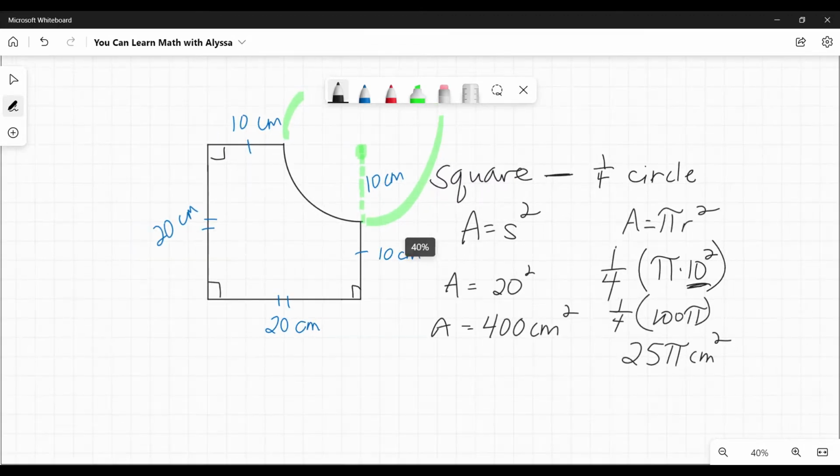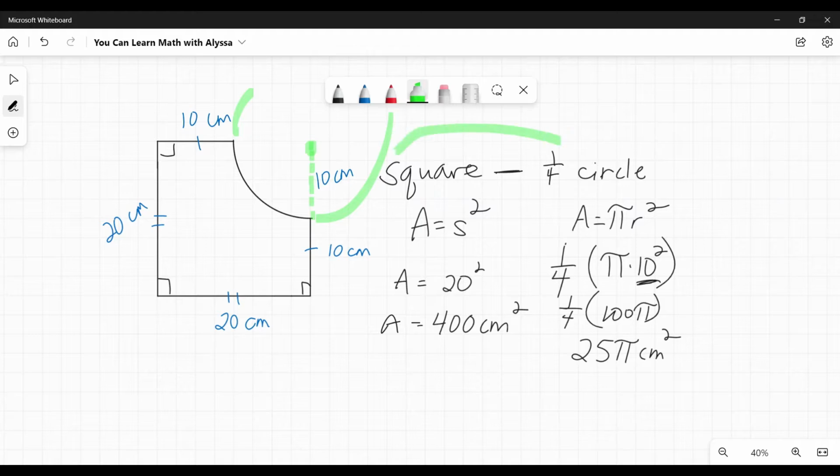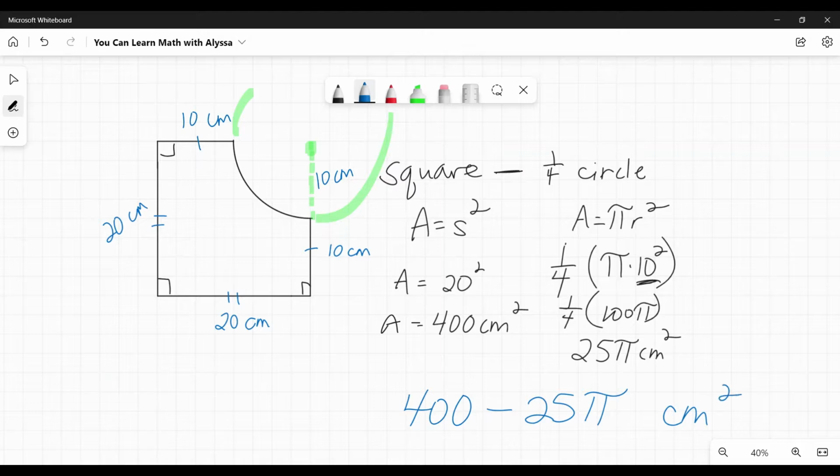So as I wrote up here at the top, my answer is going to be the area of the square minus a fourth of a circle. And I found both of those areas. So my area of the square is 400 centimeters squared, and I'm subtracting 1/4 of a circle, 25 pi. So it's all that centimeters squared.